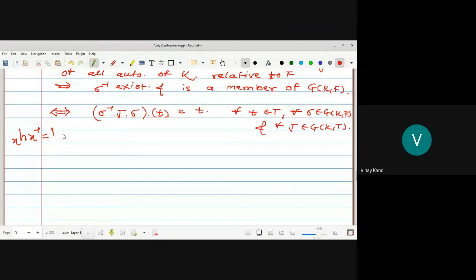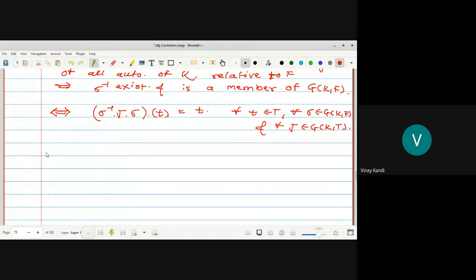X inverse is equal to what? H, no? So this means H is the normal subgroup of G, na? Okay.